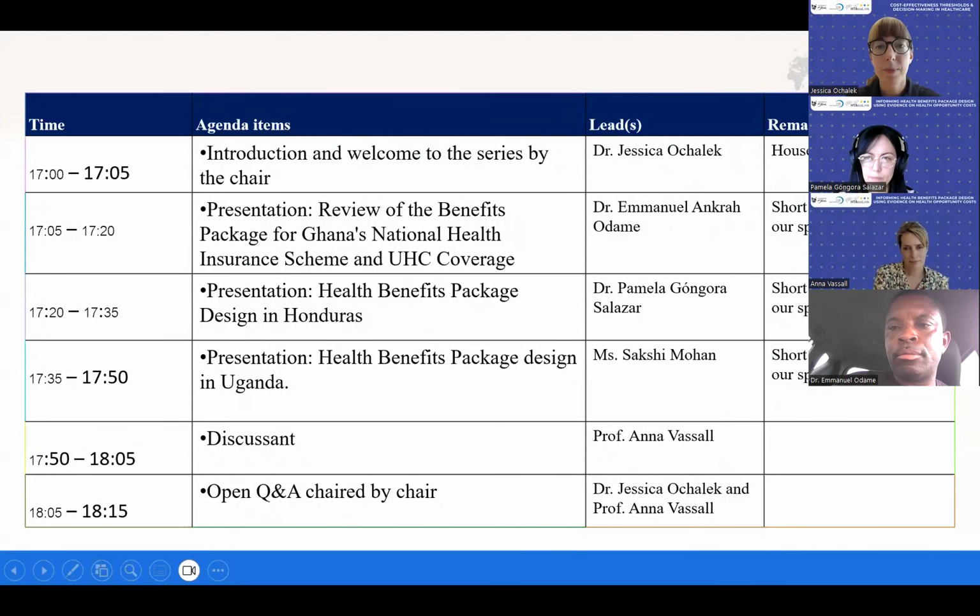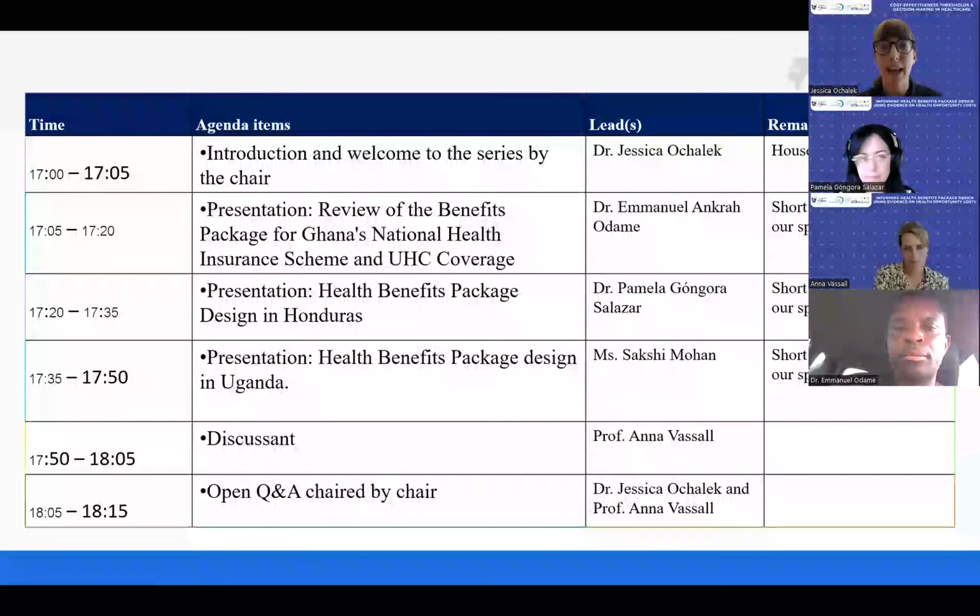We also have Dr. Pamela Gongora Salazar, who has been advisor to the Health Minister of Colombia, lecturer at Universidad del Rosario in Colombia, and is currently a consultant for the Inter-American Development Bank whilst undertaking DPhil studies in population health at the Health Economics Research Center at Oxford University.